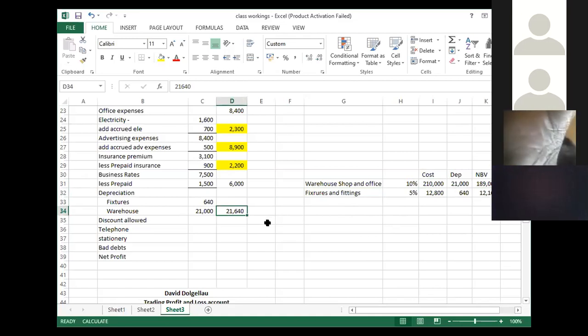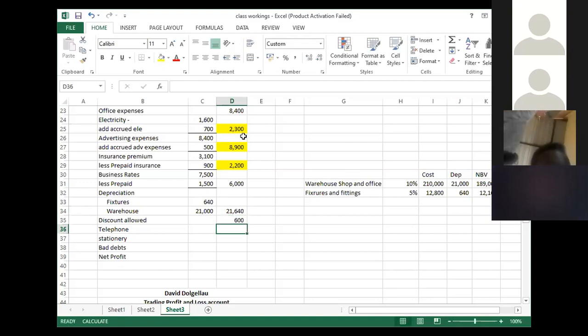The next expense is discount allowed. Discount allowed, what was the amount? 600. Is it affected by any additional information? No. So 600.